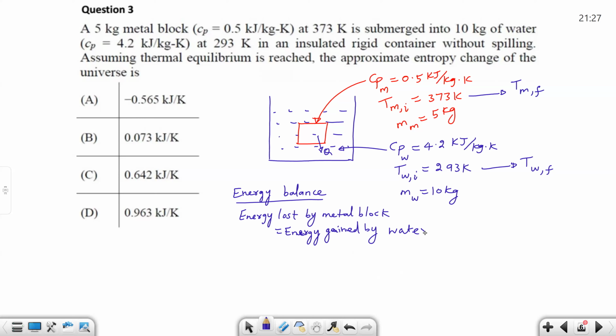Water at low temperature is gaining energy. So that means mass of metal block, Cp of metal block, into the initial temperature minus the final temperature.